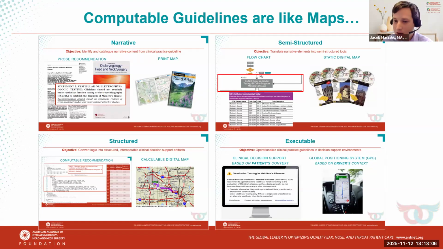There are four levels of progression, going from the narrative, which is the traditional static guideline document, with the goal of having the guideline be executable and operationalized in decision support environments. I'm going to walk you through these four levels of developing computable guidelines.